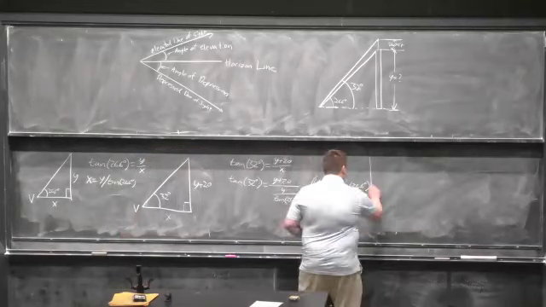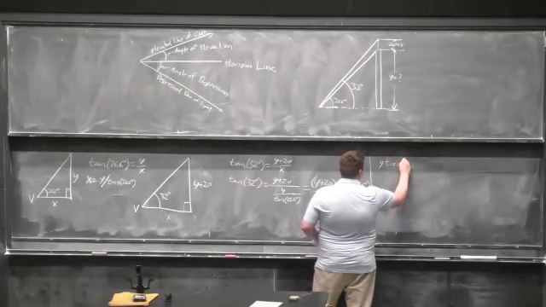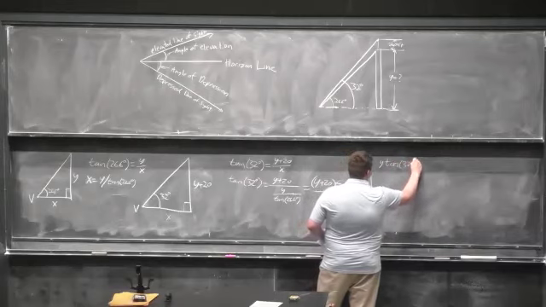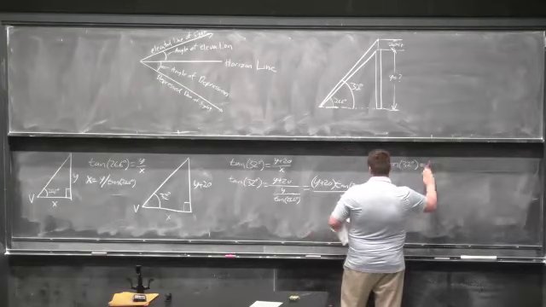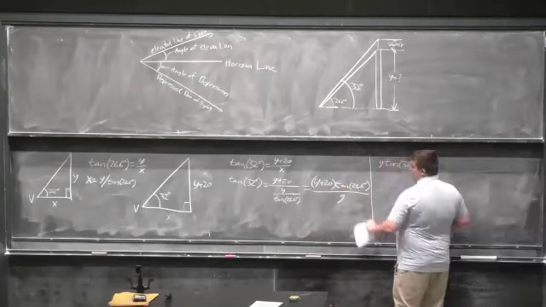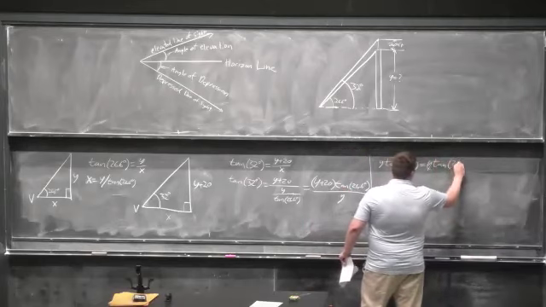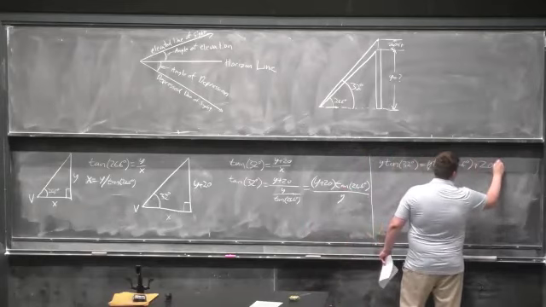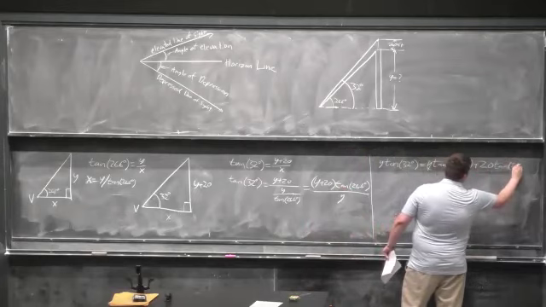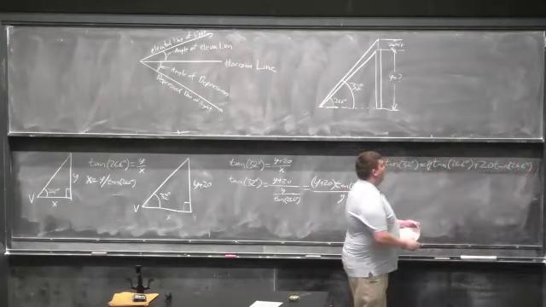And we get y times tangent of 32 degrees is equal to, and I'm going to distribute this tangent into this parentheses. So we have y times tangent of 26.6 degrees plus 20 times tangent of 26.6 degrees. I'm now going to subtract y to the other side.